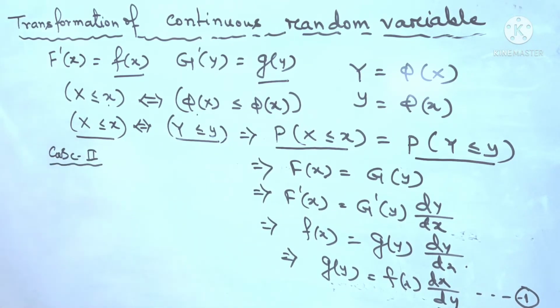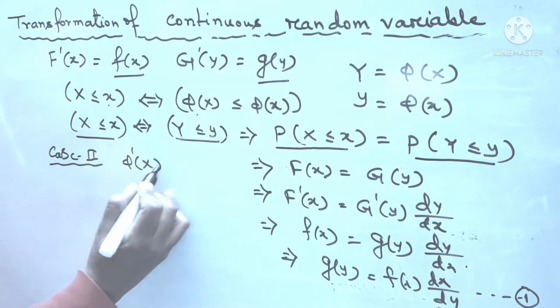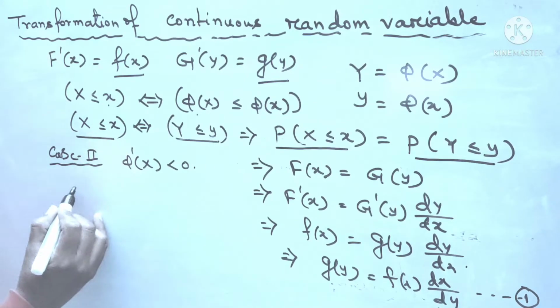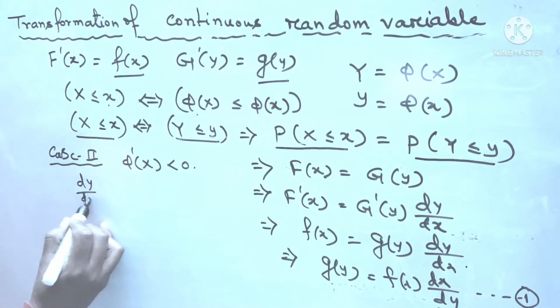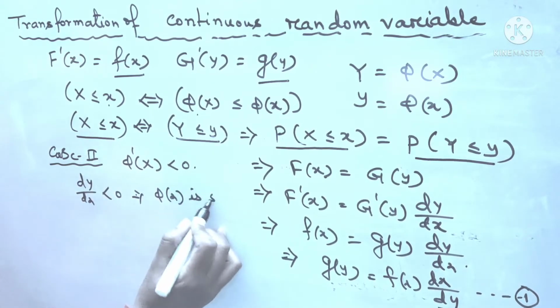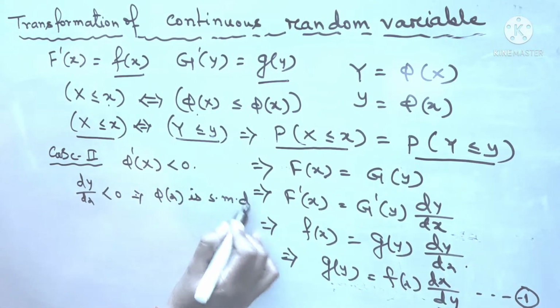Obviously, in this case, phi dash x is less than 0. So dy/dx less than 0 implies phi of x is strictly monotonic decreasing.